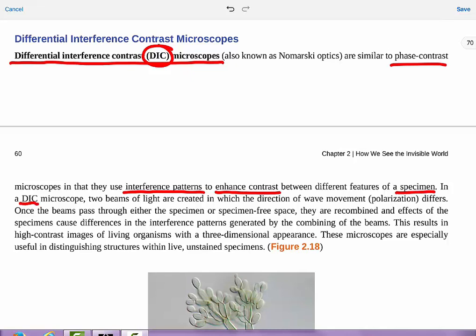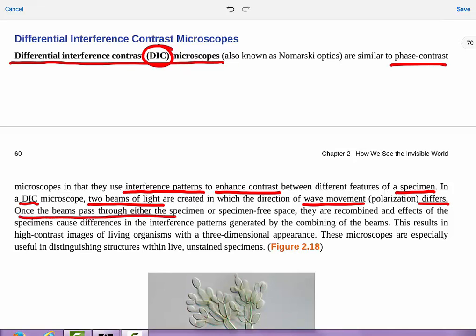So in the DIC microscope, there are two beams of light created in which the direction of wave movement differs. So you're still creating that kind of off phase. Polarization or wave movement is different.